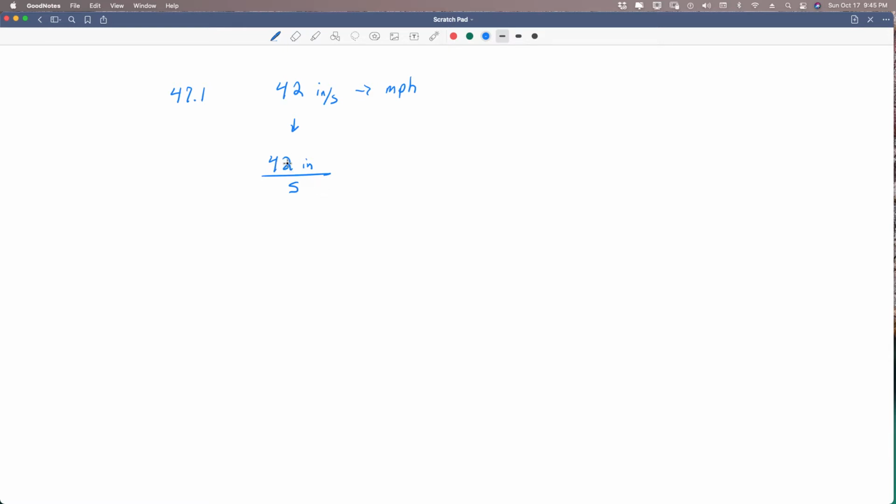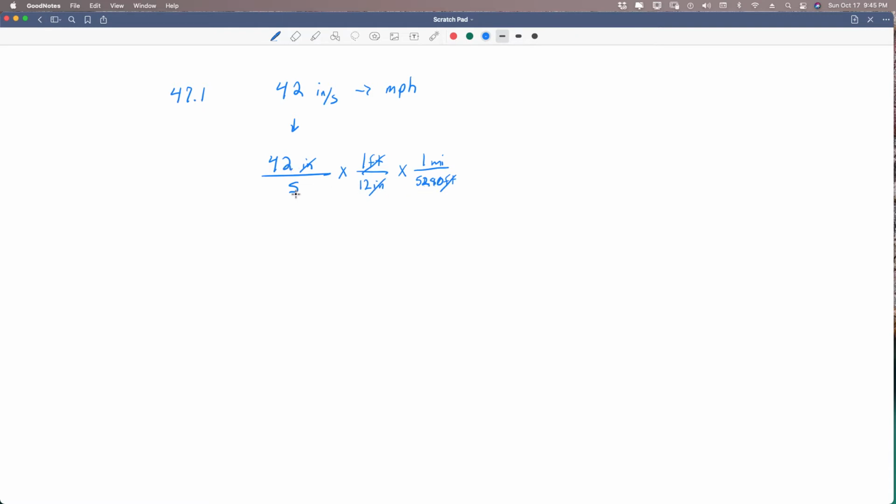And first we're going to convert this into miles. So we do 1 foot, because we want to put inches in the bottom. 1 foot is 12 inches. So this cancels the inch. And then we want to do miles. So 1 mile is 5,280 feet, right? So now we've converted our feet. Now we've done our conversion of inches into miles.